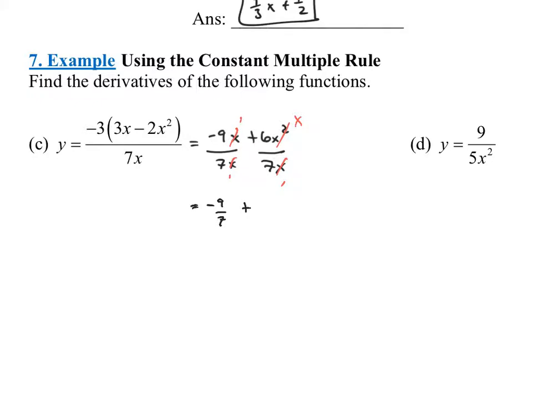Plus, in the second one, I would have 6/7 x. That would be my original function. So to find the derivative, y prime would be significantly easier now. The derivative of negative 9/7 is just 0, and the derivative of 6/7 x would be 6/7 times the derivative of x, which is just 1. So I'm getting a derivative of 6/7.